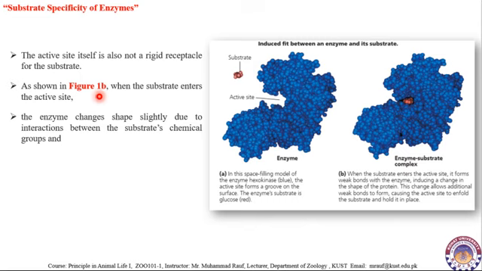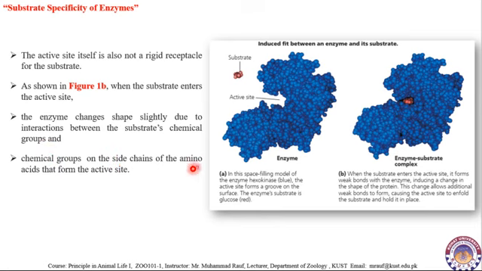So as shown in figure 1b, when the substrate enters the active site, the enzyme changes shape slightly due to interaction between the substrate's chemical groups and chemical groups on the side chains of the amino acids that form the active site. So why does an enzyme's active site change shape?